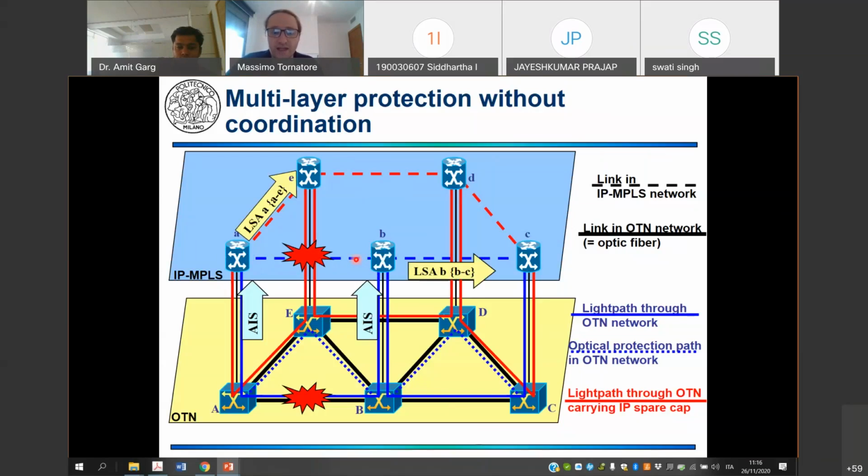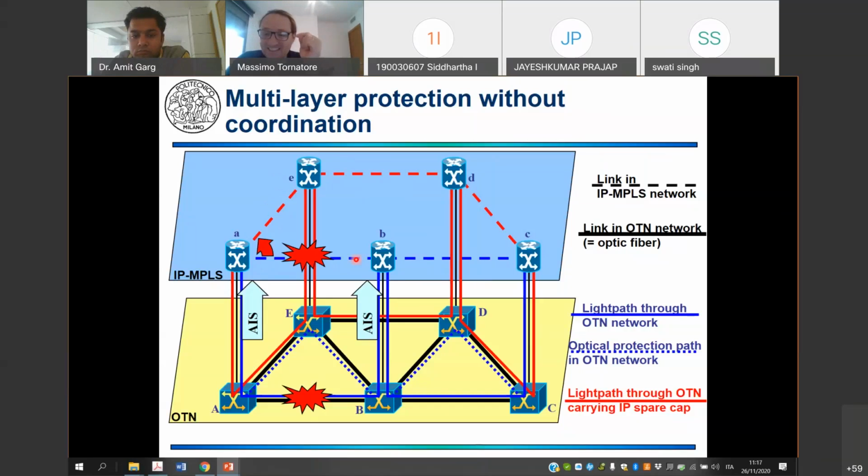Okay, the routers react. As I said before, they send the link state advertisement to reconfigure the IP domain. And so the traffic is sent on the secondary path of the logical layer.